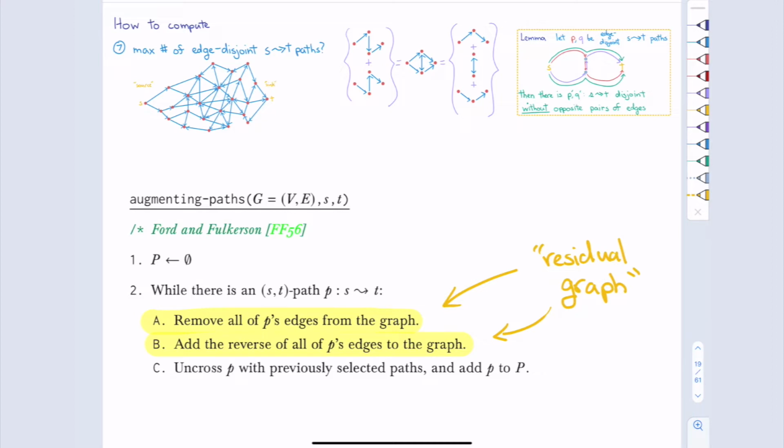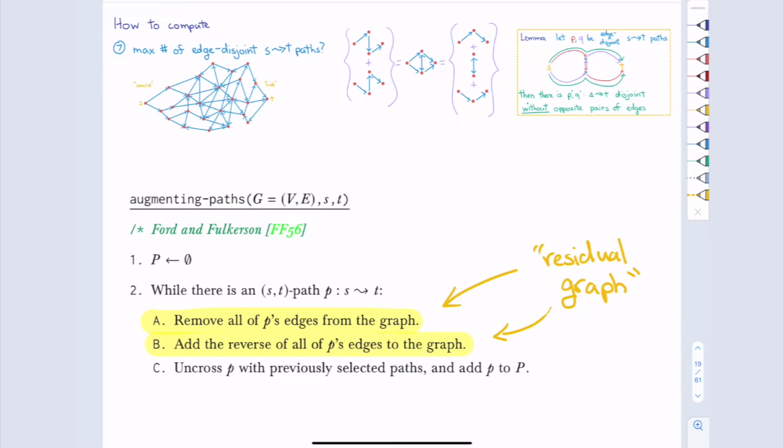It's very similar to the greedy algorithm, except whenever I take a path, instead of removing all the edges, I added the reverse of all the edges I selected. Because I know that in a future iteration, if I take this fake, reverse, artificial edge, I can uncross it with a previously selected path and get those two edge disjoint paths.